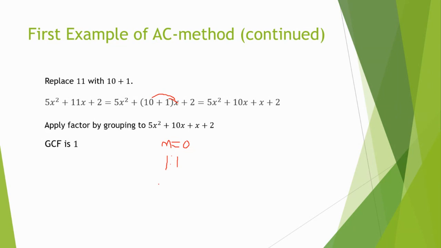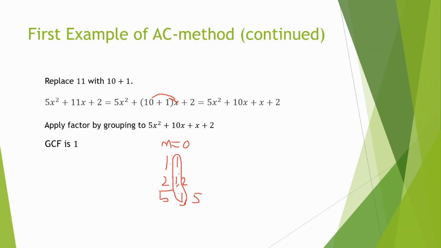I wasn't going to list the others, but for instance, the factors of 2 are 1, 2. For 5, we have 1 and 5. Even though I did not list 10, hopefully you can see that the only common factor you're going to have is 1.